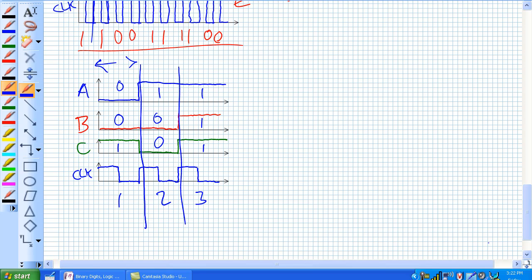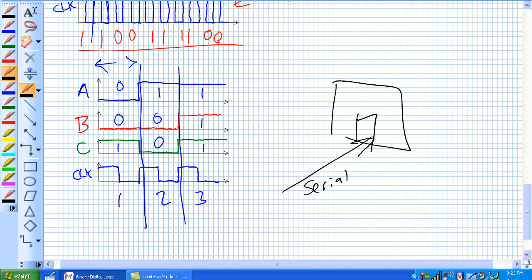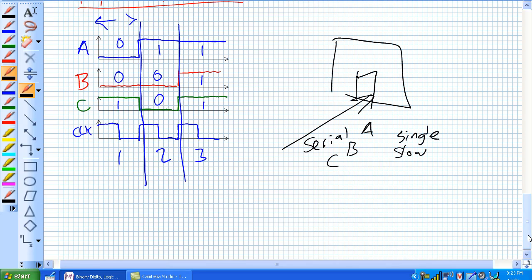Just think of a long, single-file line trying to enter a building through a single door. And that's what's called serial transfer, where A and then B and then C are being fed into a single door. The advantage of this one is it only takes 1 wire to get you there. The disadvantage: very slow. Single line, but very slow.